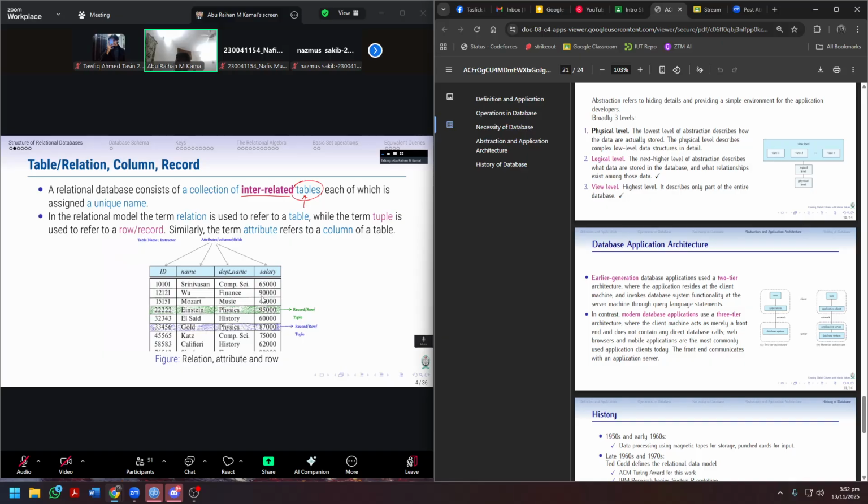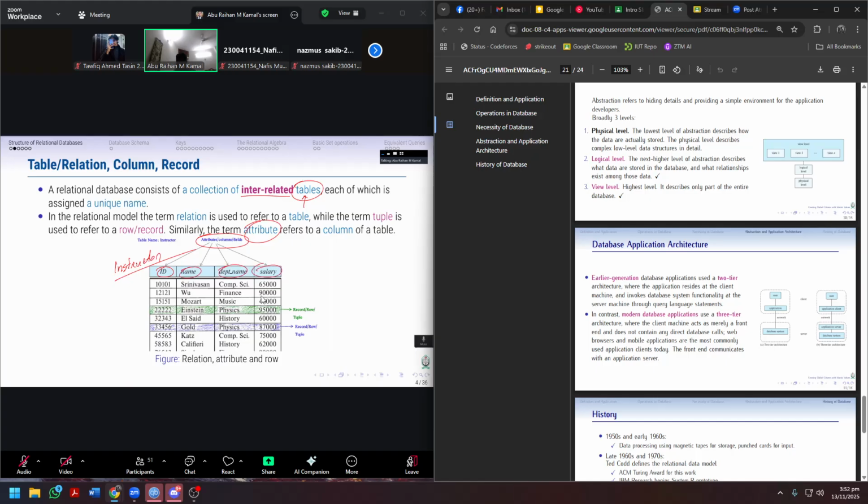So how is a table defined? A table is defined in terms of its attributes. Attributes are the way we define a table. For example, this is a table, instructor. It is defined by the attributes ID, name, department name, and salary.